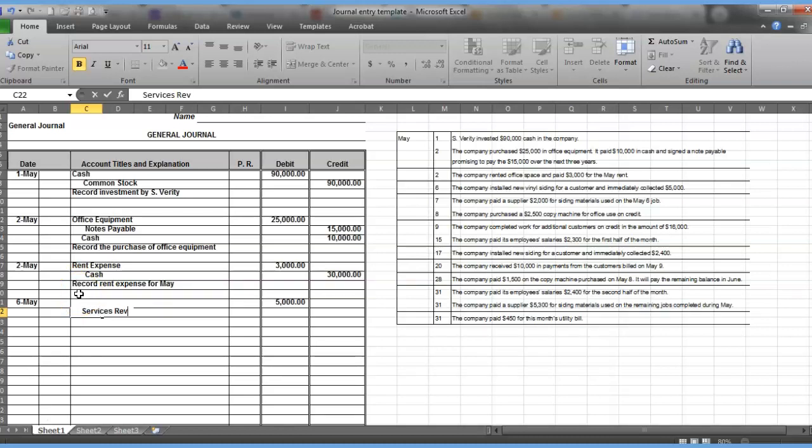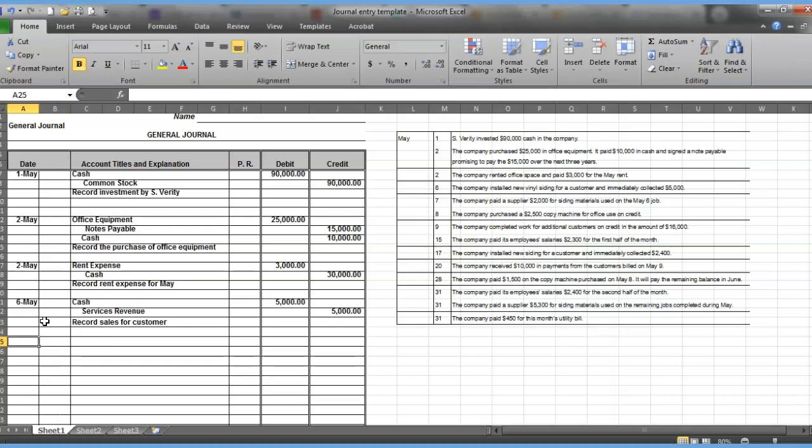Again, we're increasing equity. Revenue increases equity, expenses decrease equity. And if we're increasing equity, we're going to record this as a credit. So record sales for customer.